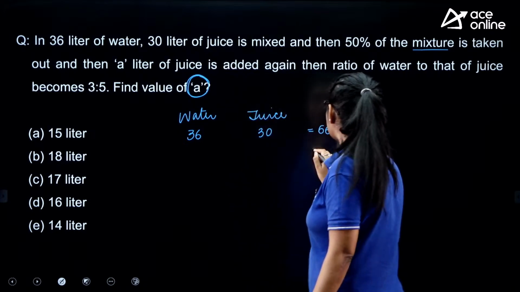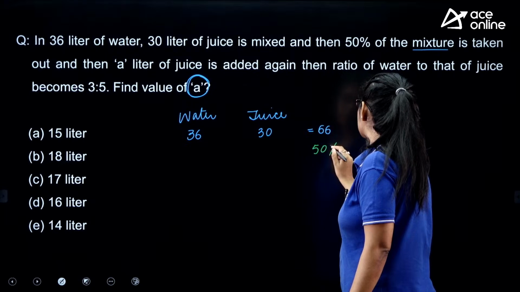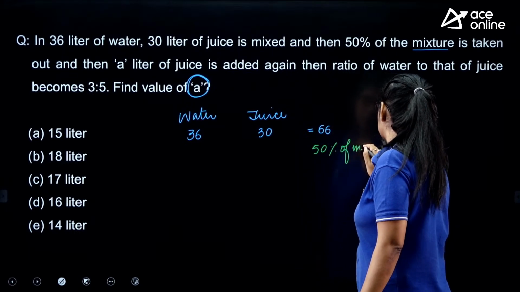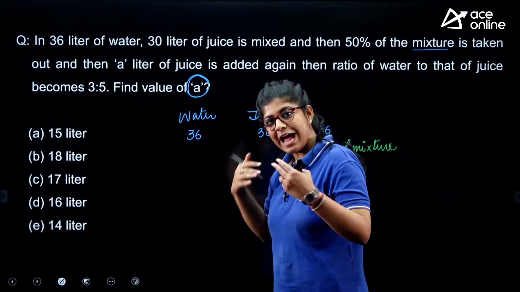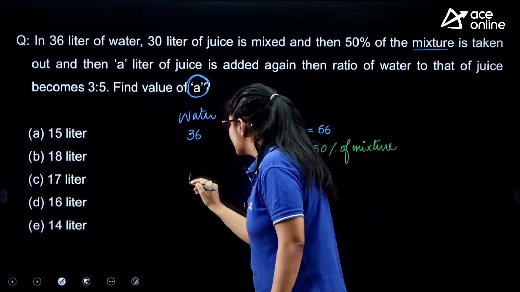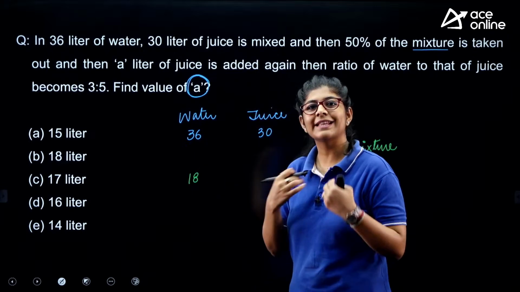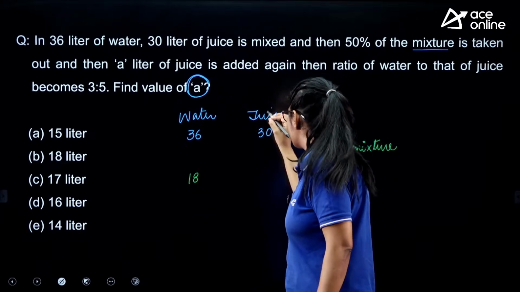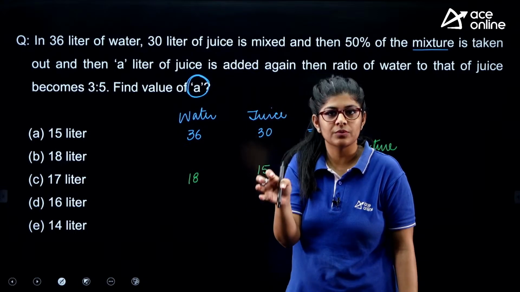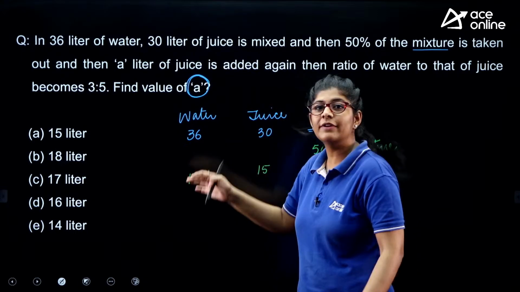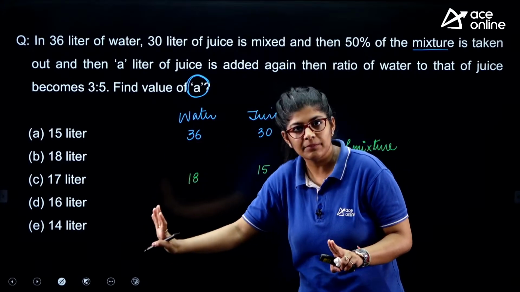So after taking out 50% of the mixture, the quantity of water I am left with is 18 and here 15. How can I say that? Because the ratio we have here will always remain the same.